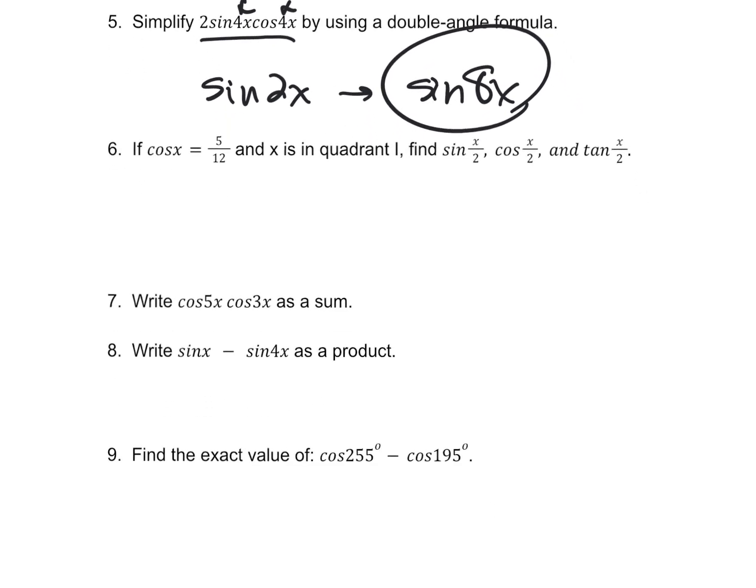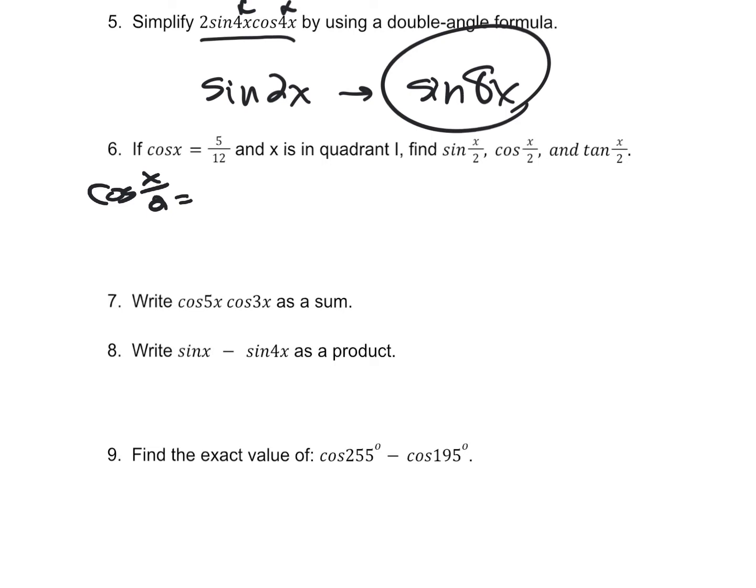Okay, this next one says if cosine x is 5/12 and x is in quadrant 1, find sine of x over 2, cosine x over 2, and tangent x over 2. So here we go. It's cosine x over 2. I'm just, again, following what it says here. So cosine x over 2 is going to be, this is double angle formula.